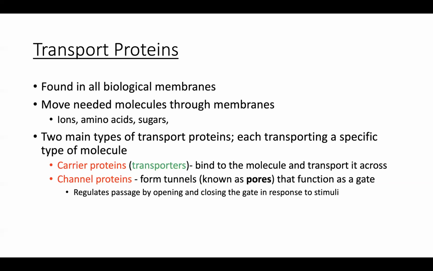Carrier proteins are sometimes referred to as transporters because, as the name suggests, carrier proteins function by binding to the molecule that needs to cross the cell and carrying it across. So a carrier protein functions by binding to the molecule and carrying it across the membrane.